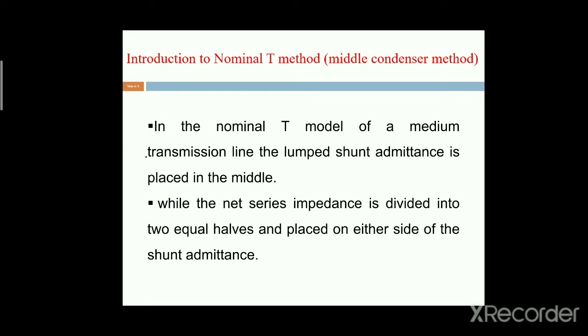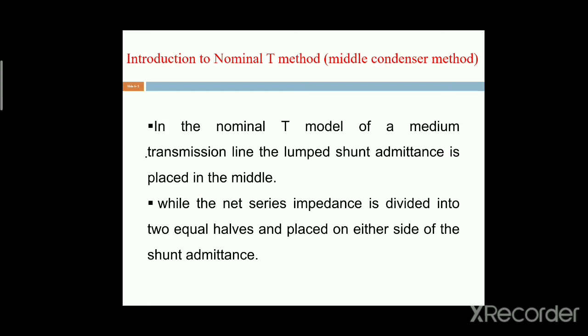Basically, the middle condenser method is divided into three types on the basis of the connection of capacitance. In the case of the nominal T method, the equivalent circuit diagram is shown in a T shape, and the parameters are arranged in a T shape.